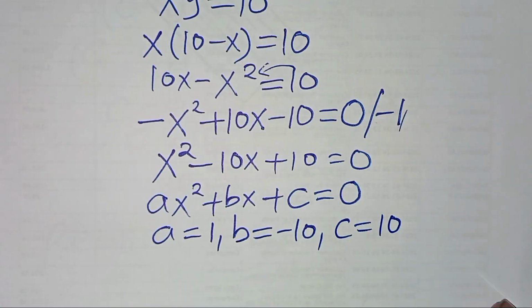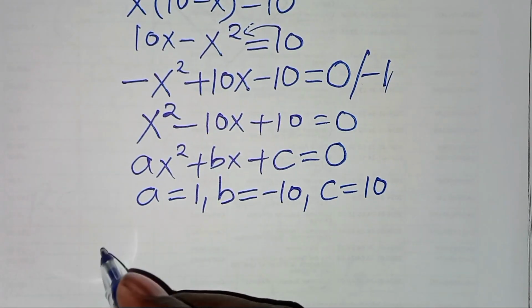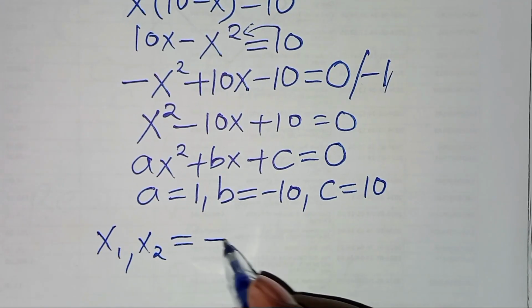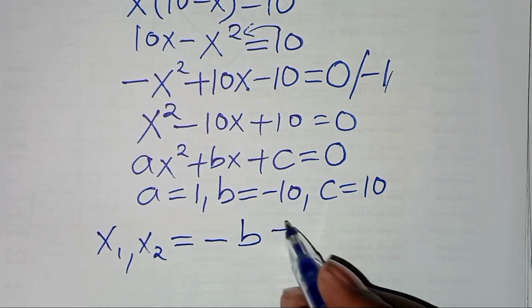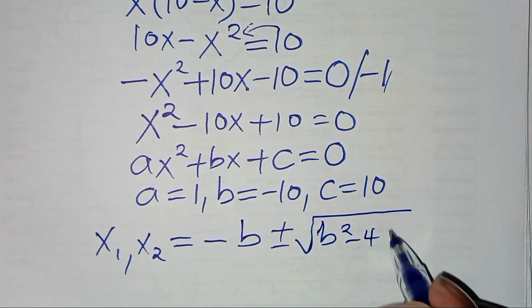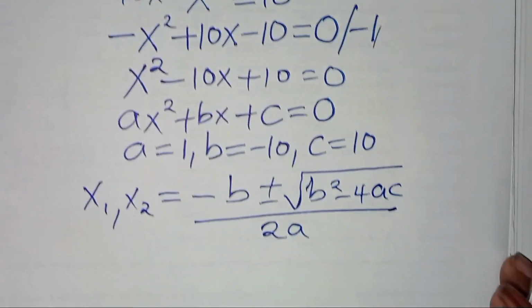So in this case, to solve for the values of x1 and x2, let's introduce the quadratic formula, which is minus b plus or minus the square root of b squared minus 4ac, all divided by 2 times a.